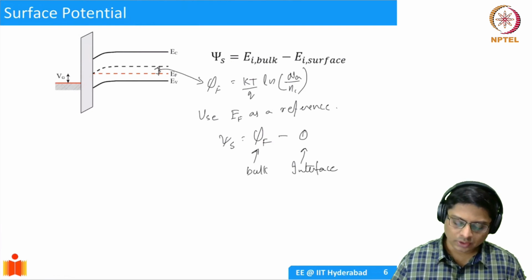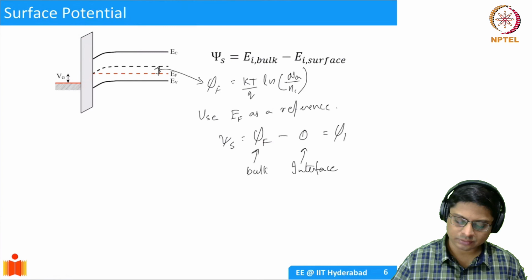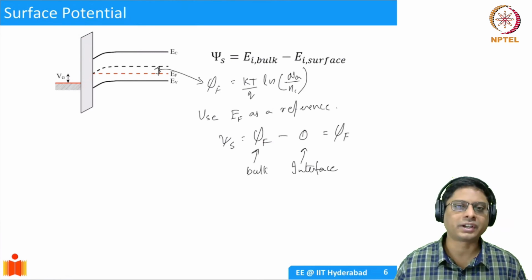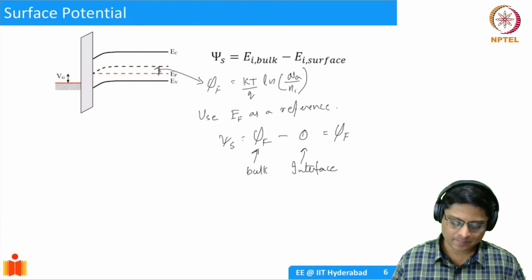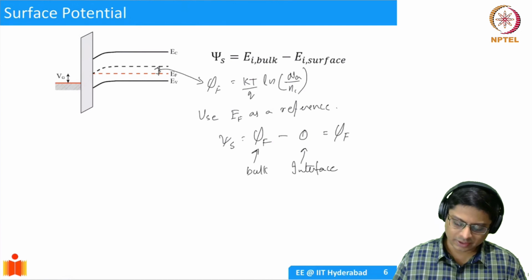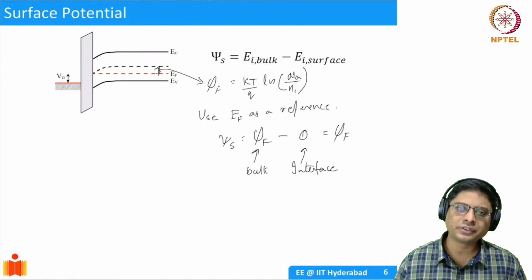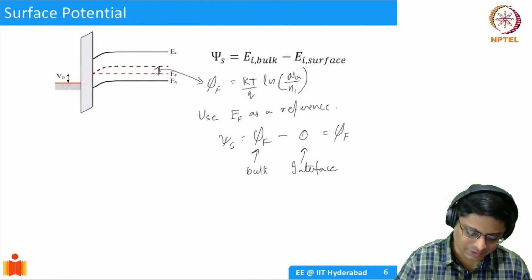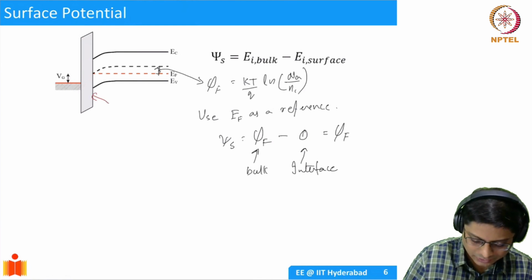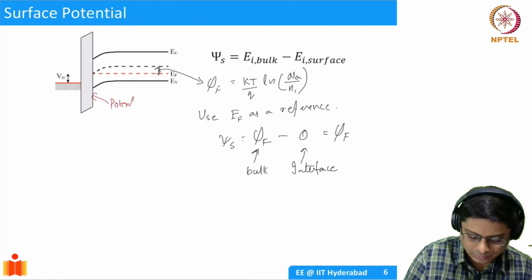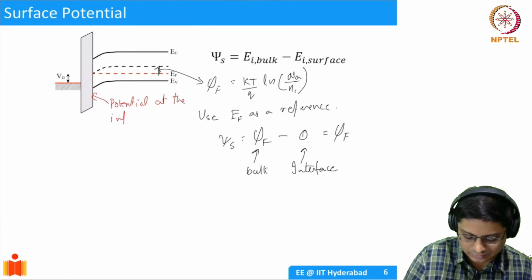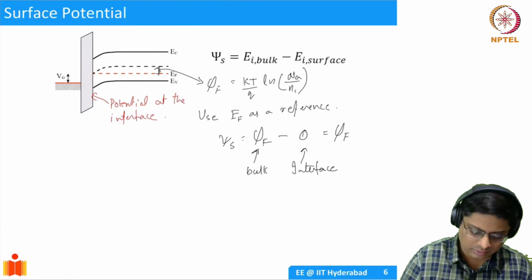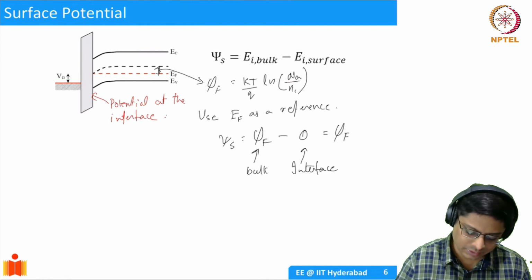So this is going to be phi f in this case. Surface potential is phi f. Essentially, you can think of the surface potential as the potential at the interface. Now you can call it the surface potential.